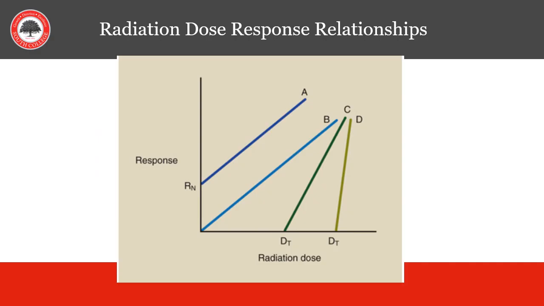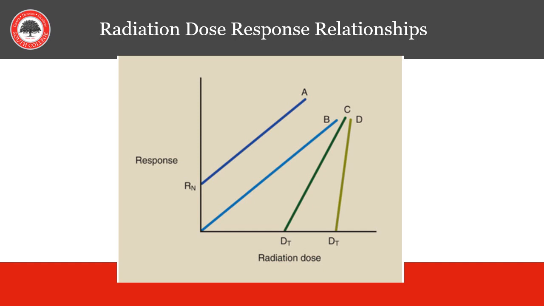In these 4 curves, 4 lines I should say, A and B, the blue lines, are both linear, and so are C and D, of course, the green ones. On the blue curves, the N stands for natural, so that's where there's a natural response, whereas B is where there is no natural response. The dose starts at 0 as far as the dose and the response.